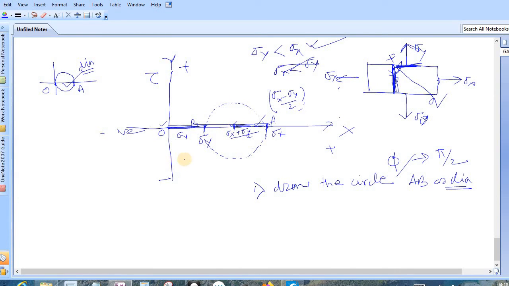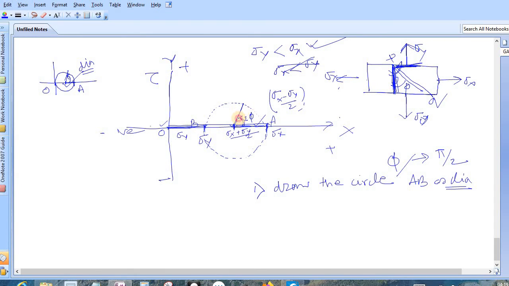So let's say you have to find stress on this PQ plane which is phi degree away. What we have done in case of uniaxial stress, we simply rotated this radius anti-clockwise for angle 2 phi. Here also we will do that. So for 2 phi, let's say it is coming somewhere here, and this angle is your 2 phi.